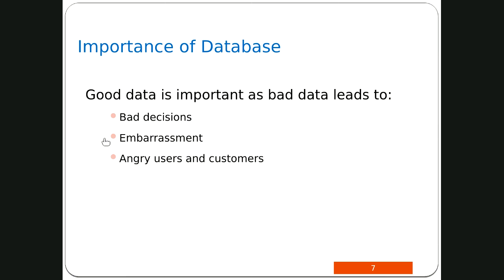If they did not look at the data before making that promise, then when the pizza doesn't come even after 1 hour, that's embarrassing. And it will cause angry users and customers as well, right? So bad data causes bad decisions, embarrassment, and it could make customers and users angry.